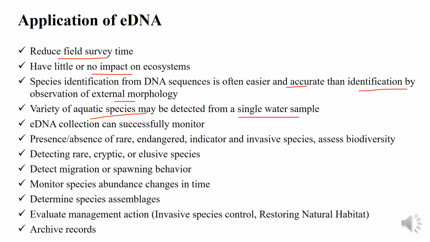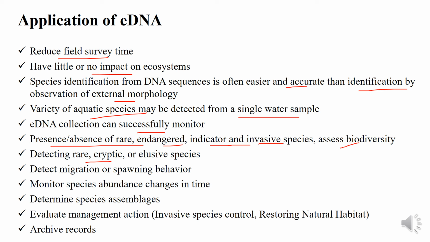And eDNA collection can successfully monitor the presence or absence of rare, endangered, indicator, invasive or key species. It's very important to get the rare endangered species from your sample, for the assessment of biodiversity of a particular region, and for detecting rare, cryptic and elusive species.